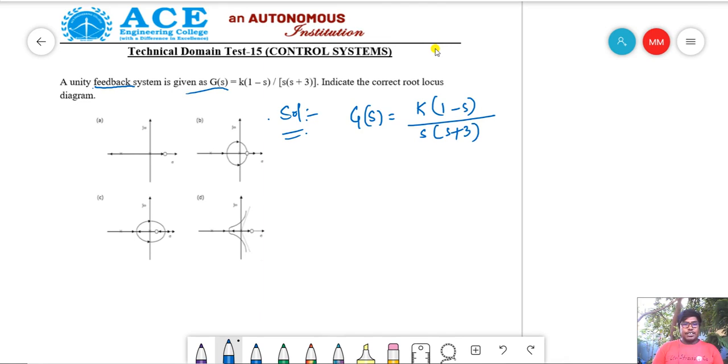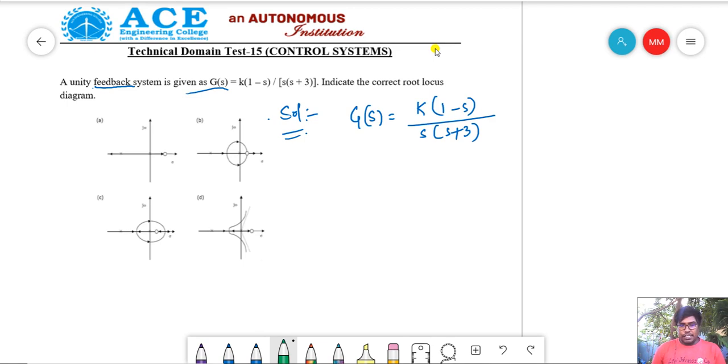Most of the time we consider it as negative feedback. The given transfer function is not in the standard form, so we need to convert it and write it in terms of the standard form.